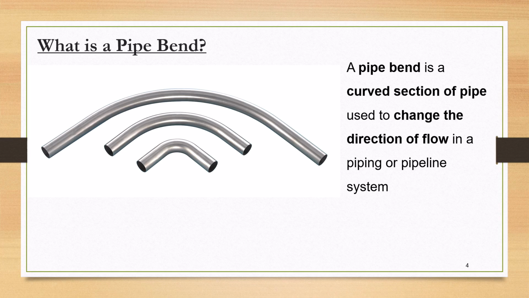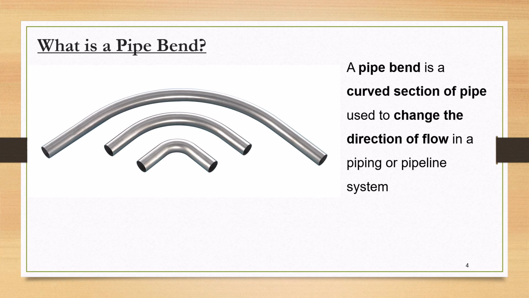Now, in every pipe bend, an important term is pipeline bend radius. It is defined as the radius of curvature of the bend's center line. For example, if there is a neutral axis or center axis through this bend, then the radius of that center line can be defined as the bend radius.